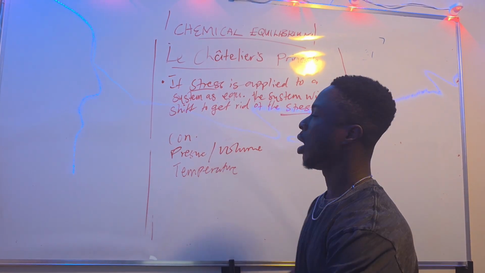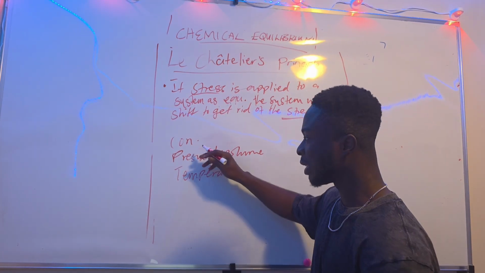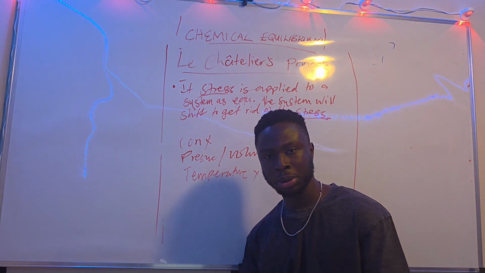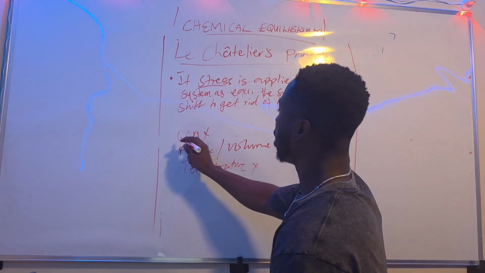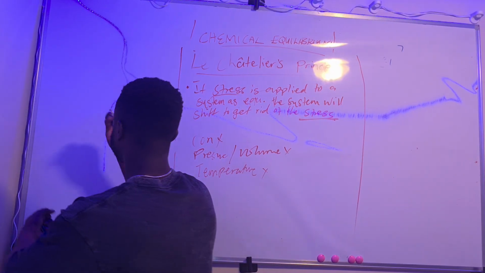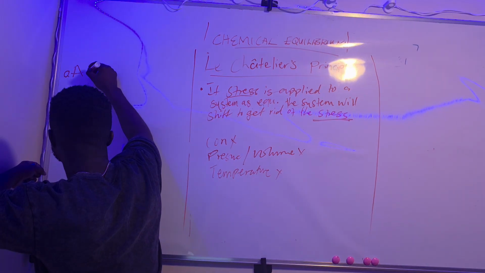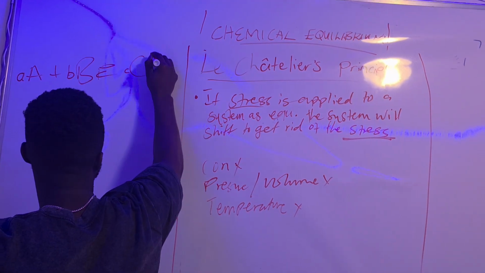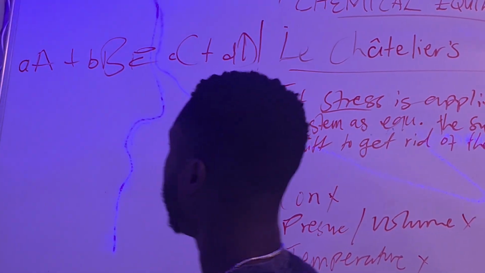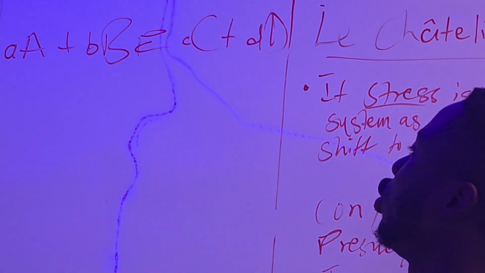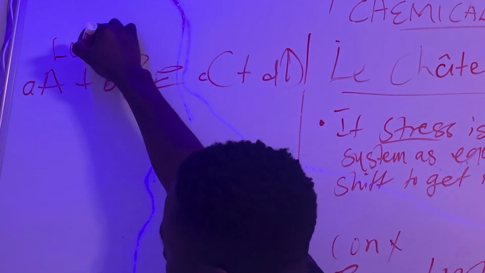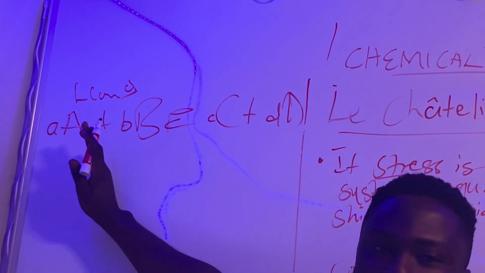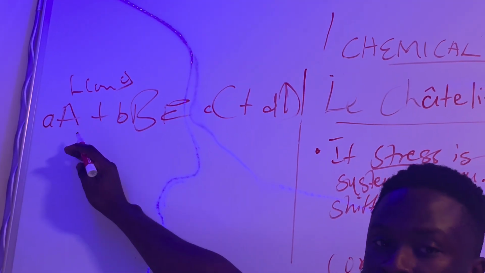So now, let's go into what will happen to the system at equilibrium if we alter any of these stresses. Let's say we have our generic equation over here, aA plus bB going to cC plus dD. If we increase the concentration of the reactants over here, it means we've added stress to this side of the equation.